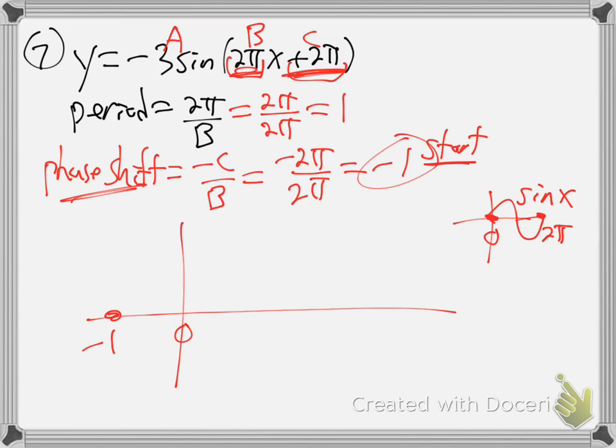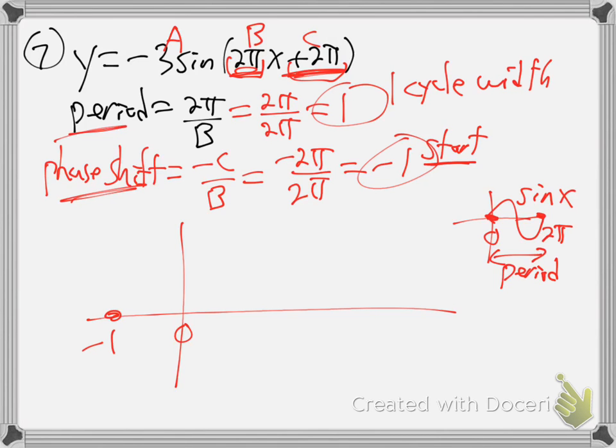Good so far? And what's the period? The period is how far one full cycle is. That's what period is. So it does one full cycle normally in 2 pi, right? That's the normal period of normal sine, 2 pi. Well, ours does one cycle width, that's what period is, 1.